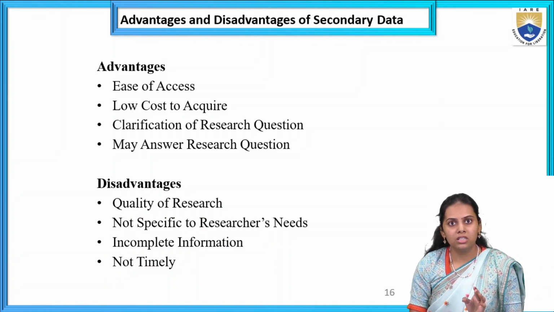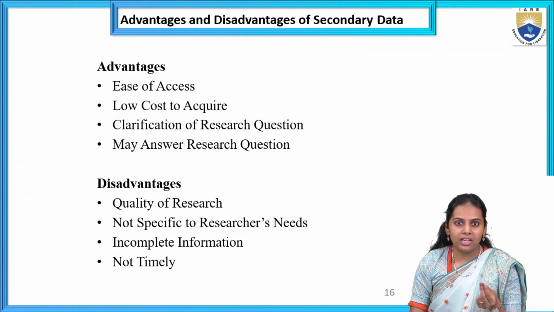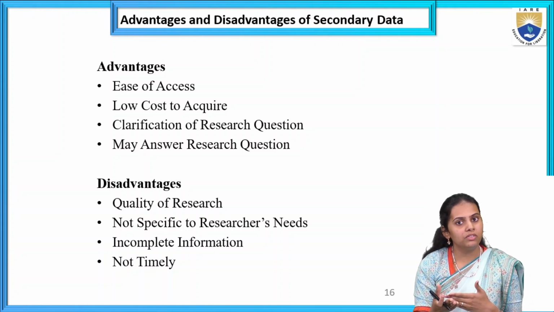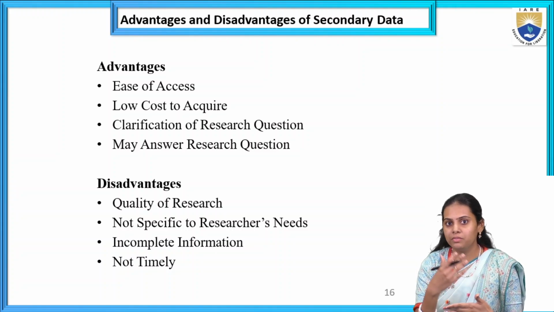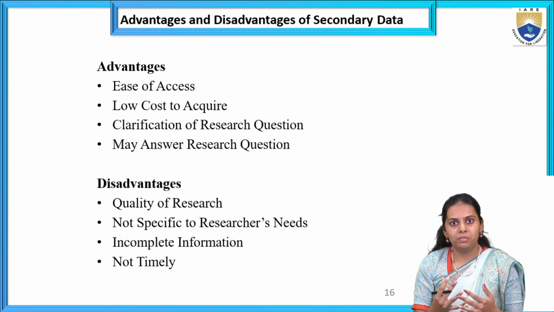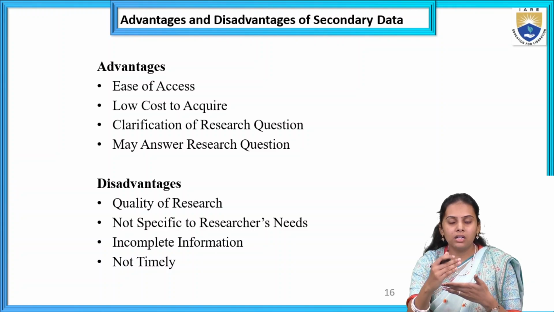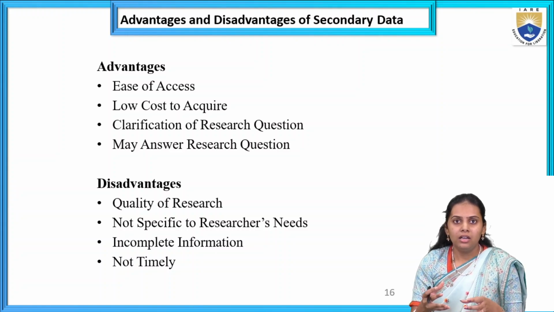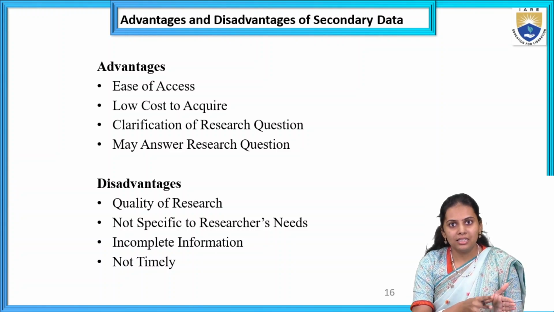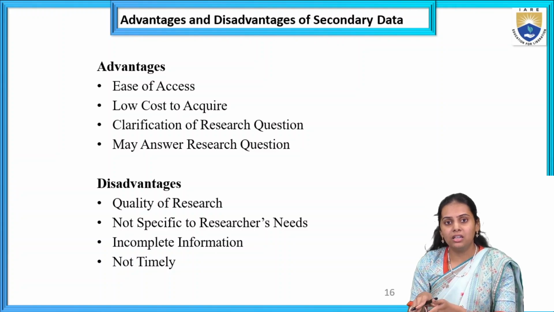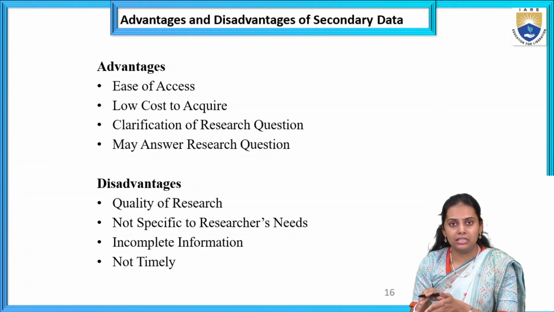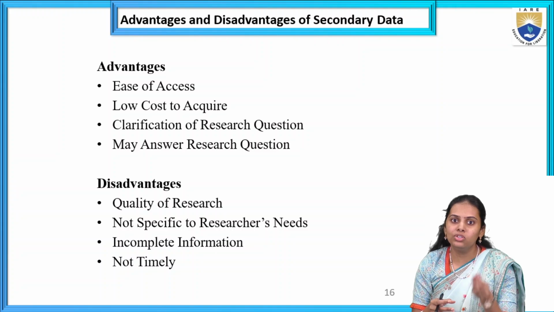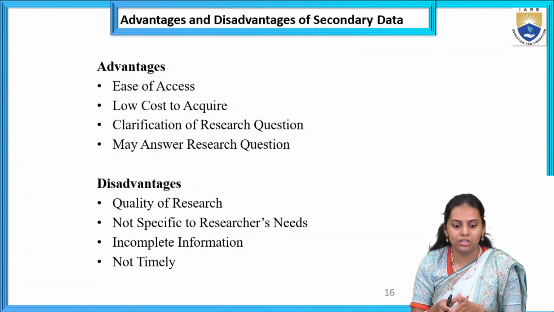So it is low cost, and gives more clarification of a research question, and it may answer the research question sometimes, and sometimes it may raise a question based on the reader's perspective, because it is already recorded. We are just going into detail through the survey of the recorded data. That's what makes it easy access. At the same time, it may clarify the question of the reader or researcher, or it may give the solution to what the researcher is searching for.